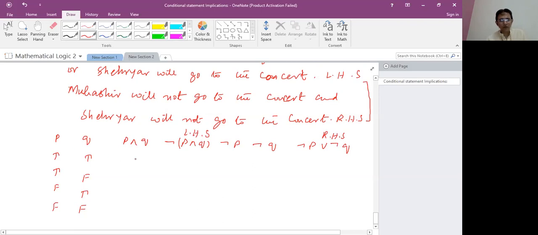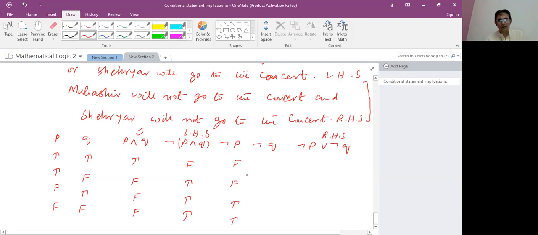P and Q: true, true means true, true, false means false, because we are applying a multiplication operation. It is false, it is false. The negation of the whole third column is false, true, true, true. Negation P, the negation of the whole first column, is false, false, true, true.